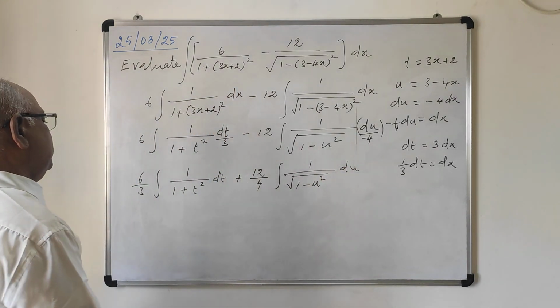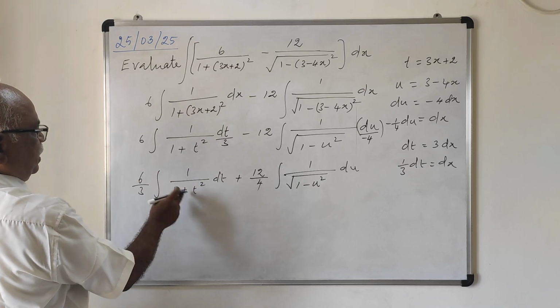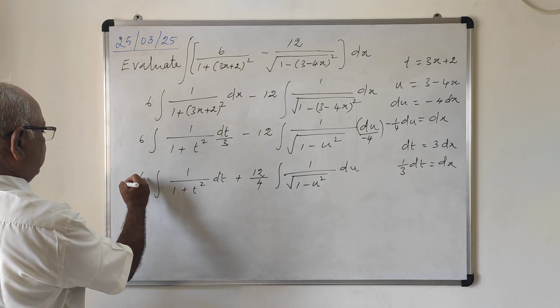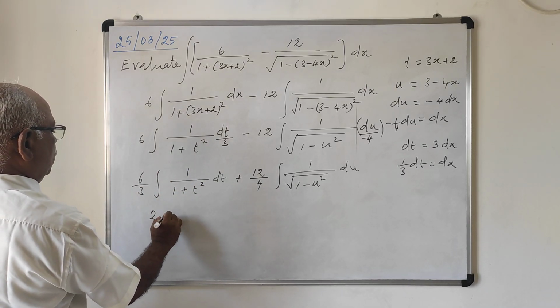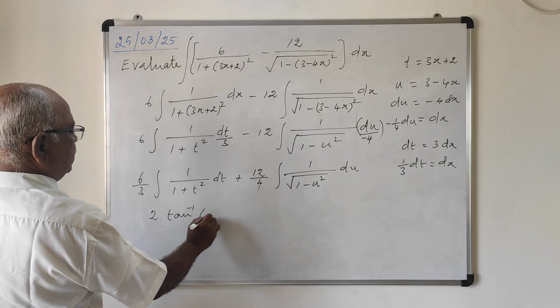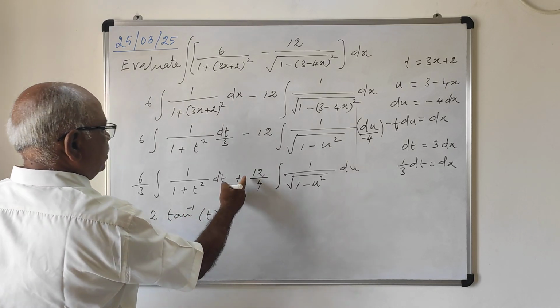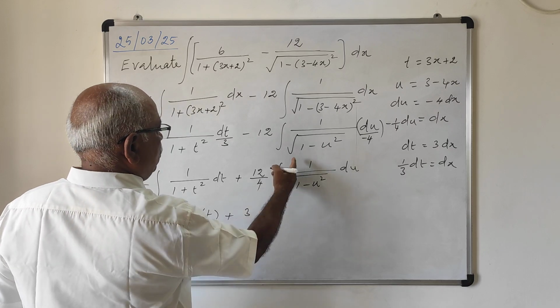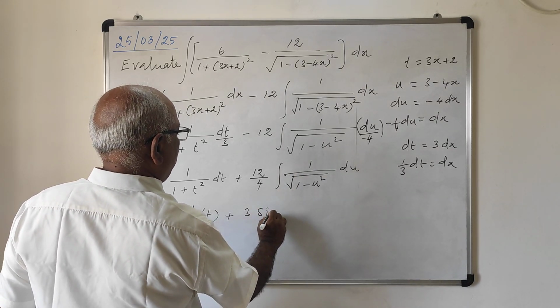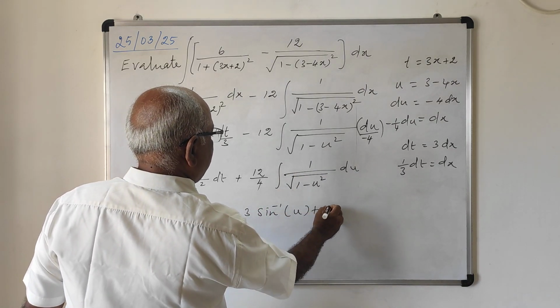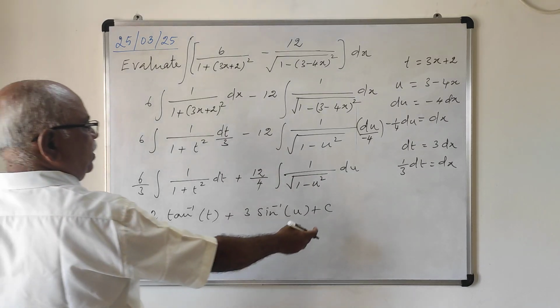Now state the results. Integral 1 by 1 plus x square is tan inverse x. Therefore 6 by 3 is 2 into tan inverse t, plus 12 by 4 is 3, and 1 by root of 1 minus u square is sin inverse u, plus c. A single constant can be added.